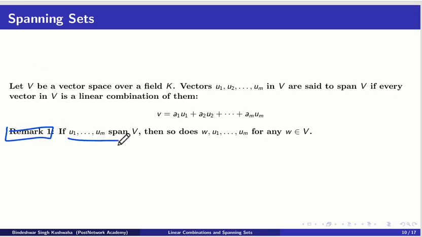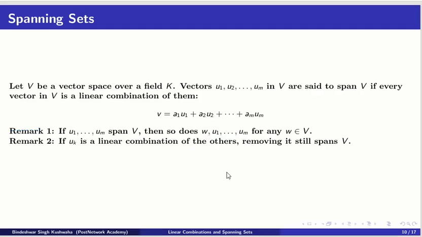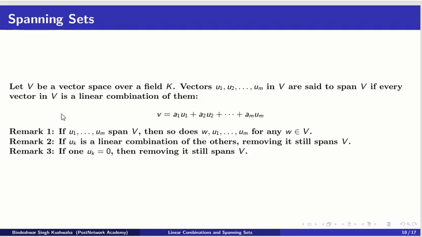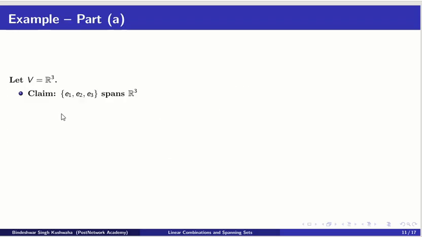If u1, ..., um span V, then if you add any vector from V, they will also span V. If uk is a linear combination of the others, and you remove it, these vectors will still span. And third, if you remove the zero vector, all the vectors will still span V.